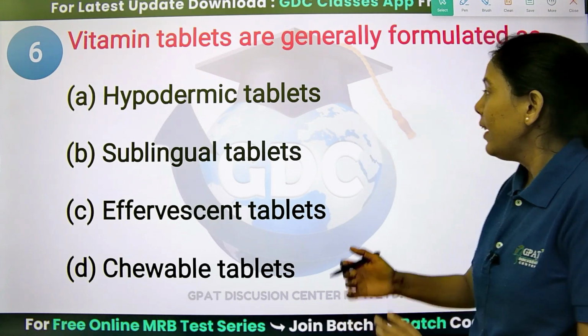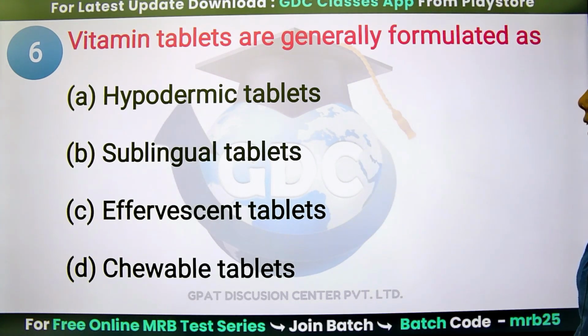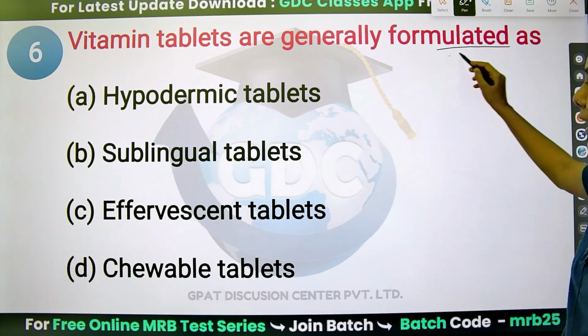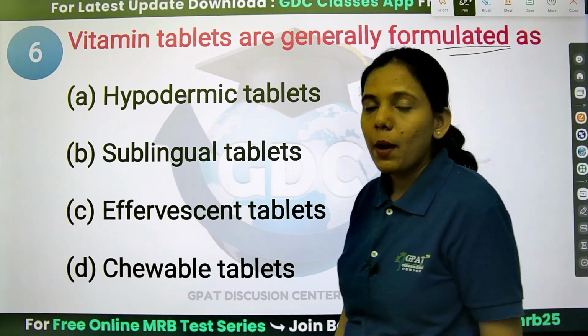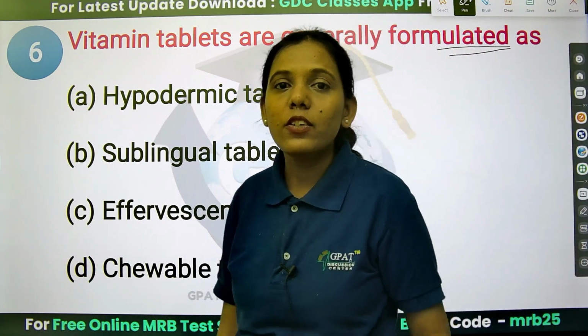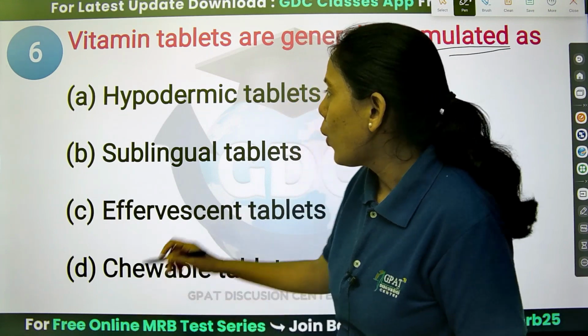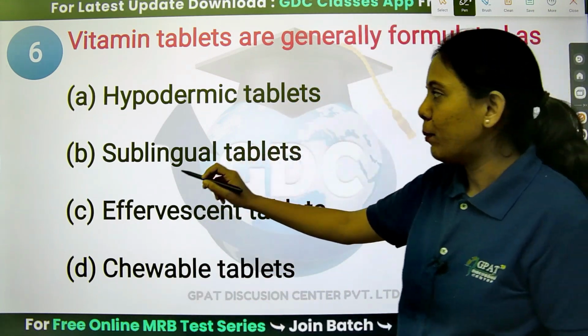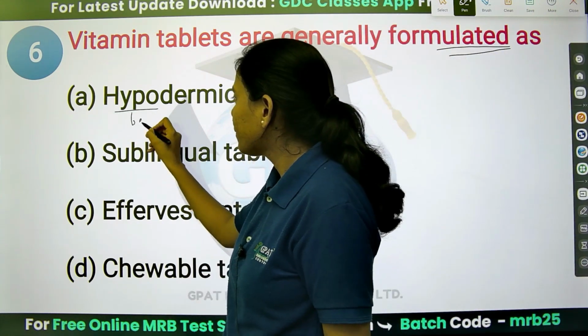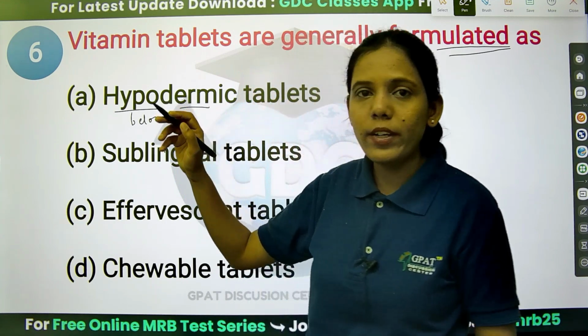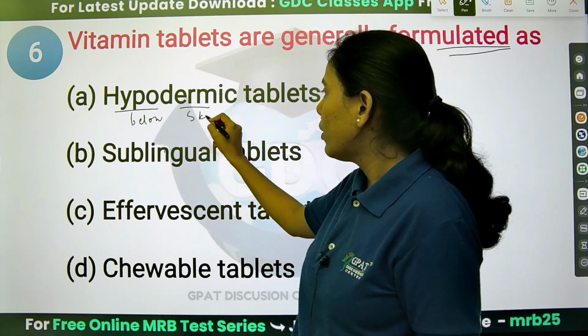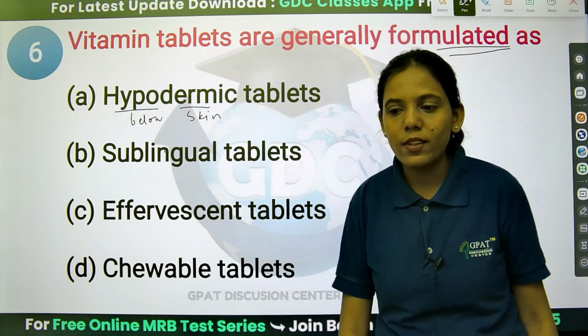Okay. The next question is, vitamin tablets are generally formulated as, okay. So vitamin tablets generally are formulated as chewable tablets, okay. So it is not a hypodermic, okay. Hypo means below. Dermic means what? Skin, okay. So basically if it is below the skin, we are not using.